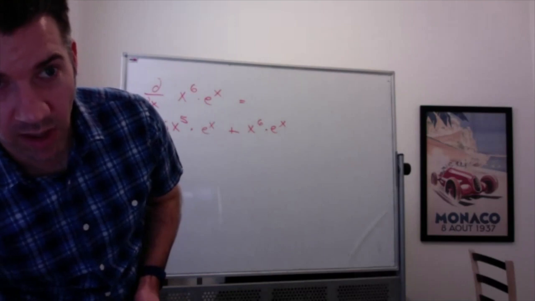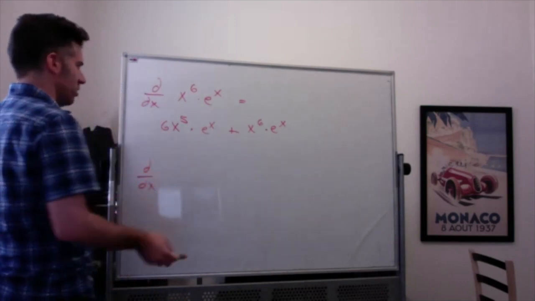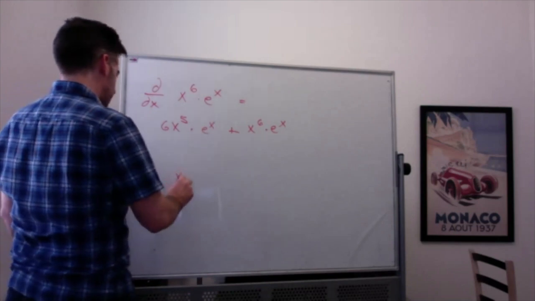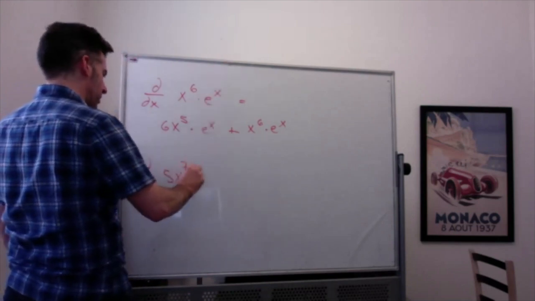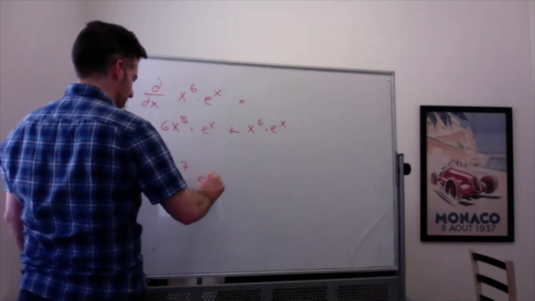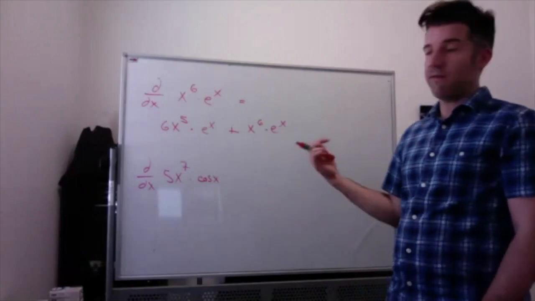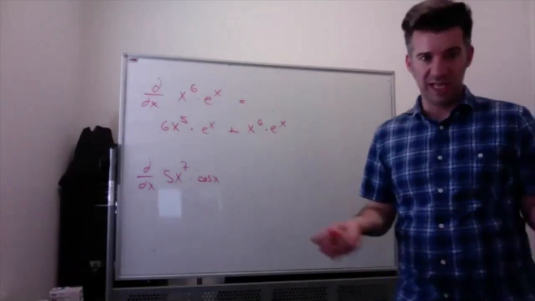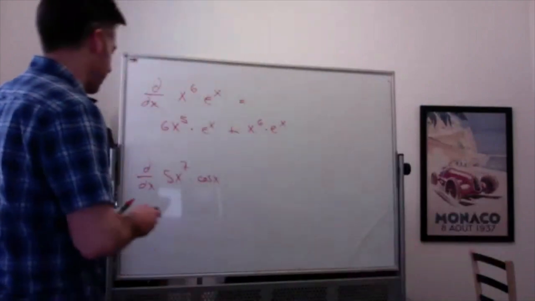In a similar way, we could say the derivative of, let's say, 5x to the 7th times cosine of x. With that 5, you can either leave it out in front as a constant, but I personally like to group it with the x to the 7th.